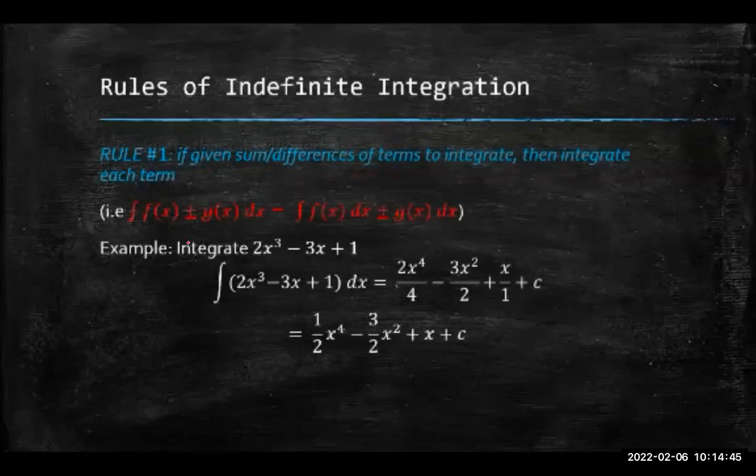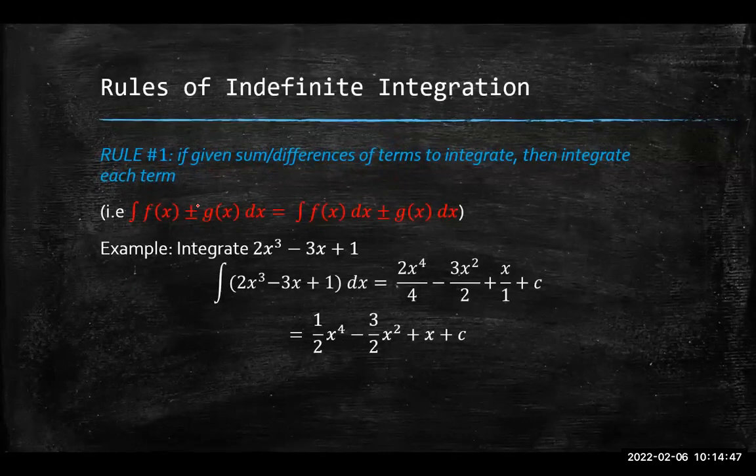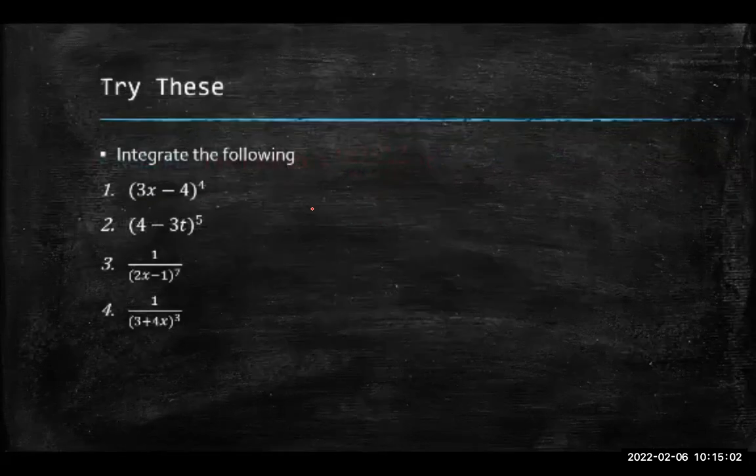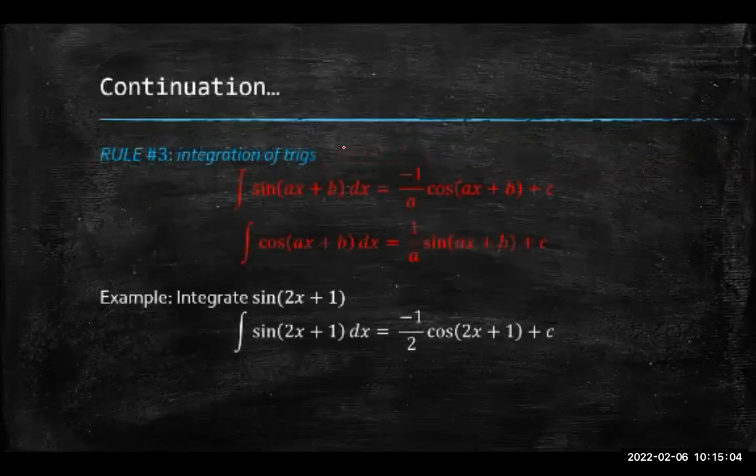This one. If I have sums or differences to integrate, all that means is I'm integrating each term. So because I saw that addition sign there, I know I'm going to apply this rule. Then you also saw the trig function. So you know you're going to apply this rule.